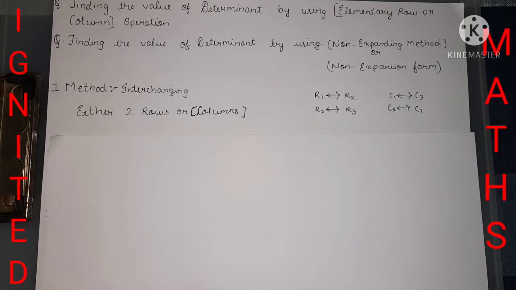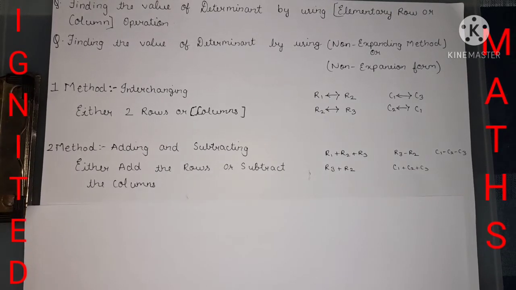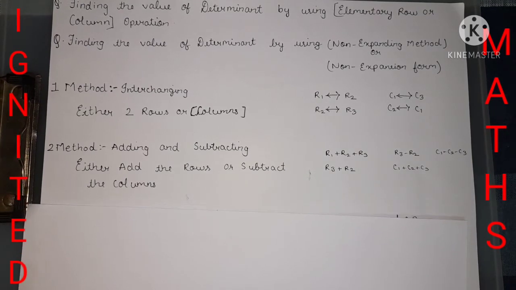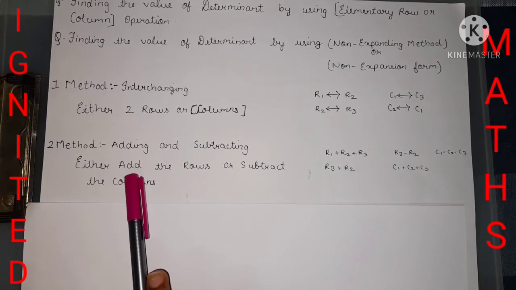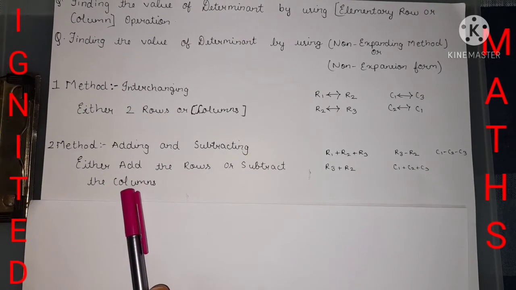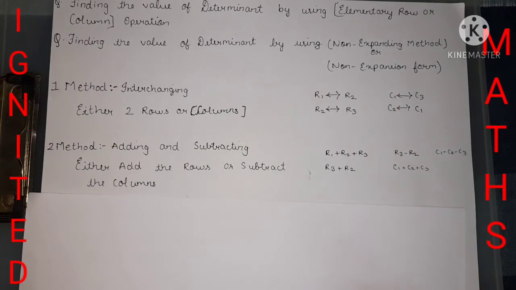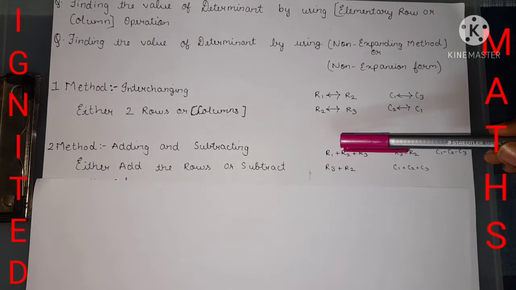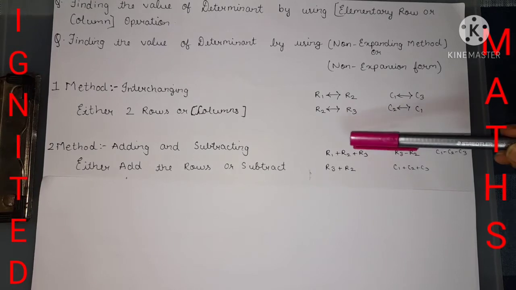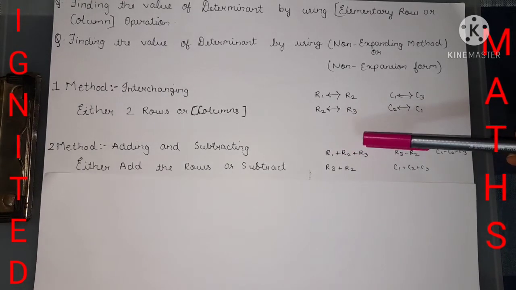Now the second method is the adding and subtracting method, that is, addition and subtraction. Either add the rows or subtract the rows, and similarly for columns. If we need to add rows, you can add like R1 plus R2 plus R3, first row plus second row plus third row.